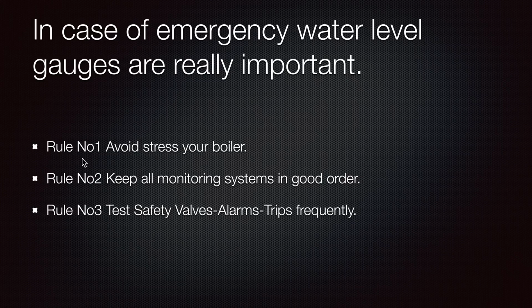In those cases, we also need to know that our shutdown systems are working properly, that the fuel will be shut down, and in case it is not working or something goes wrong, it's better to shut down the boiler than to wait and try to identify what is going on, because we do not have a clear view of what is happening in the boiler.